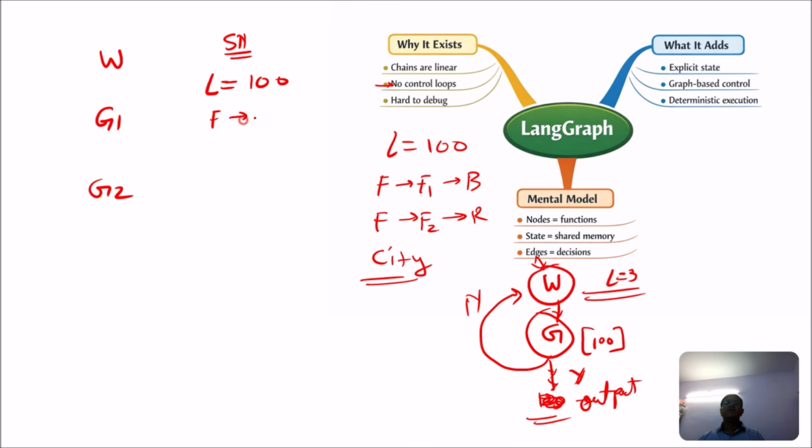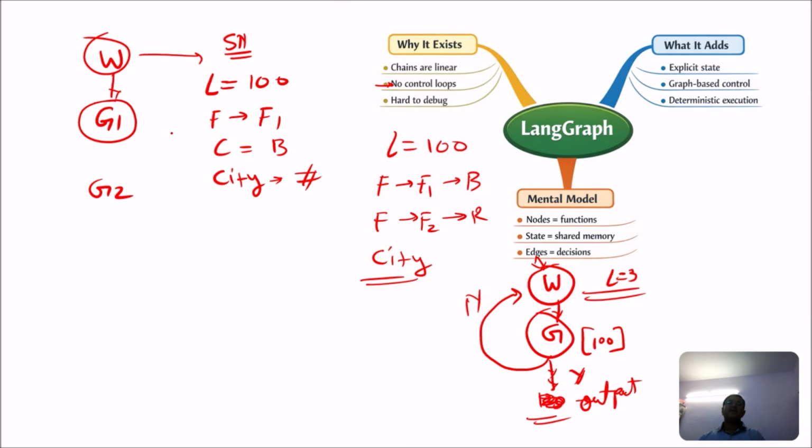It says what font is used, font F1. What color is used, it says blue. Whether the city name is there or not, it didn't find any city name. So it writes everything and passes it on, and then it checks.